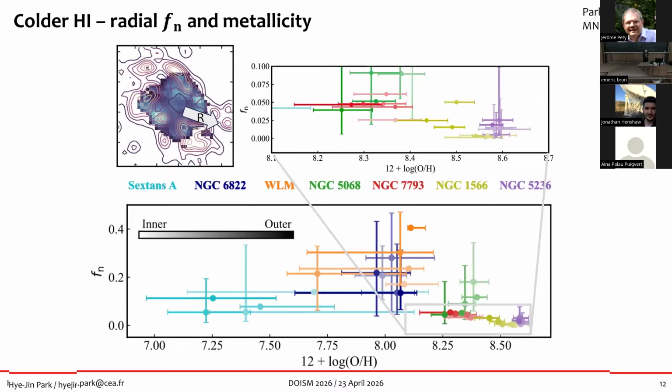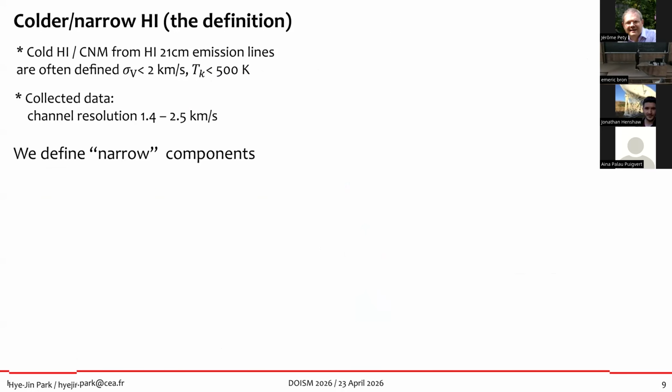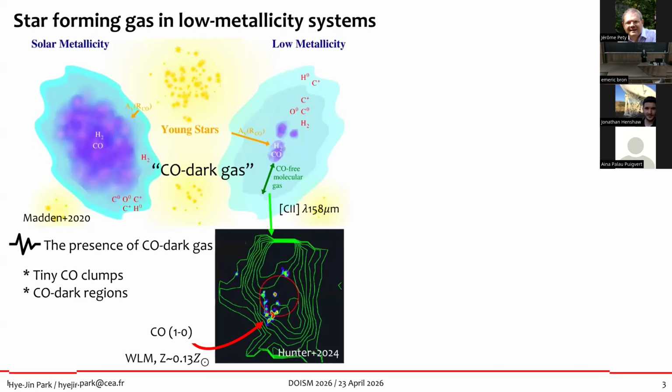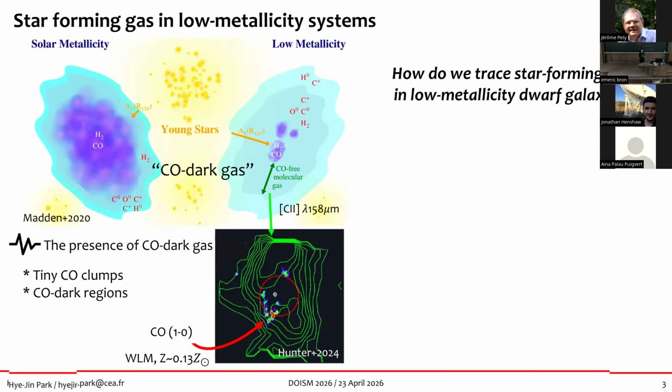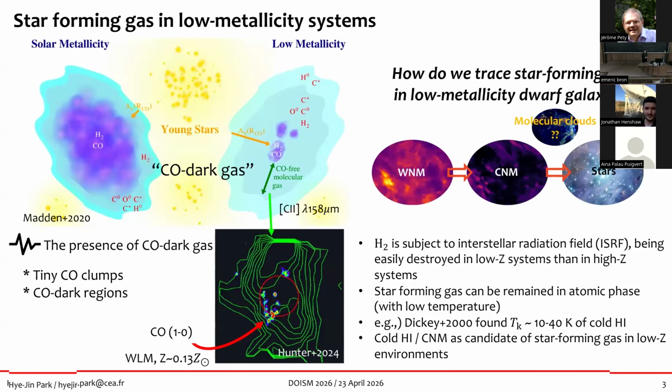In the beginning I mentioned that cold H1 was found in a Milky Way survey by Dickey et al. 2000, and they found 10 to 40 Kelvin for the cold H1. But we cannot actually find the temperature range of the colder H1 we found in this project because it's very complicated.